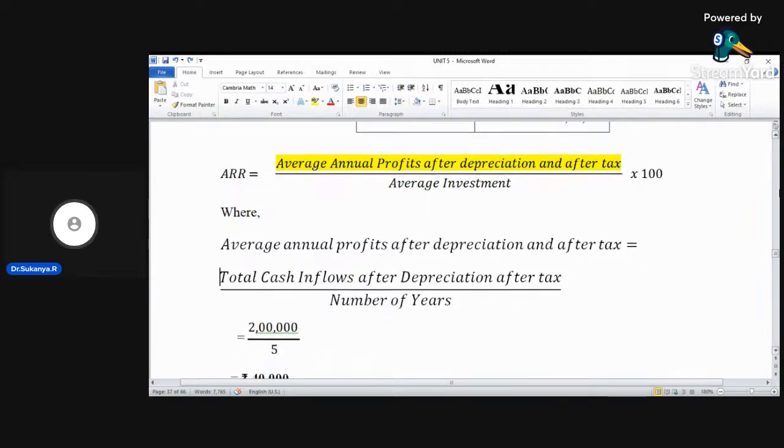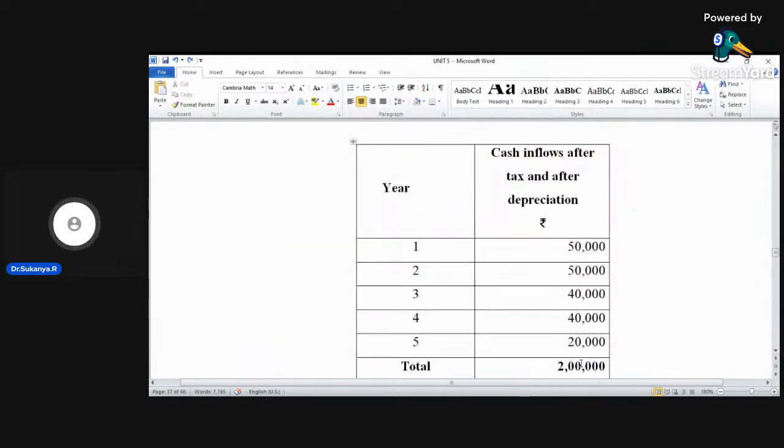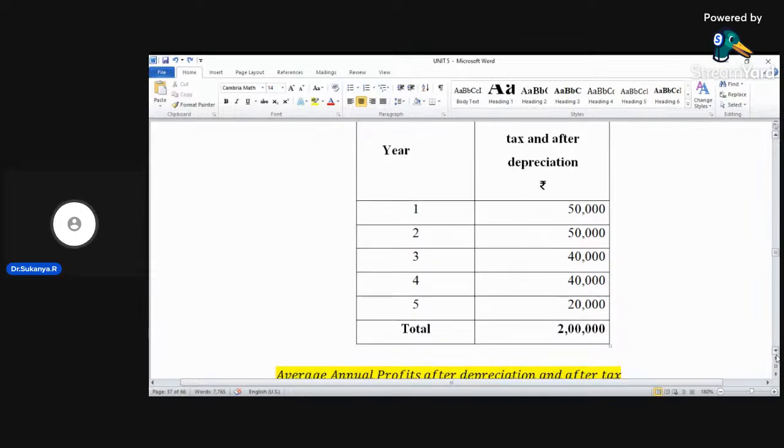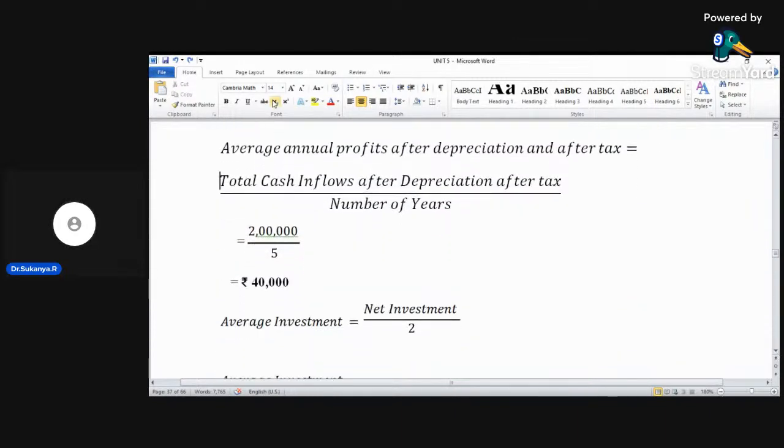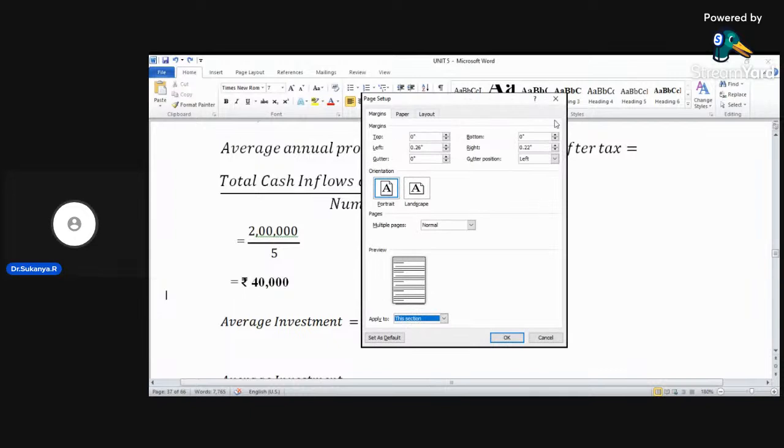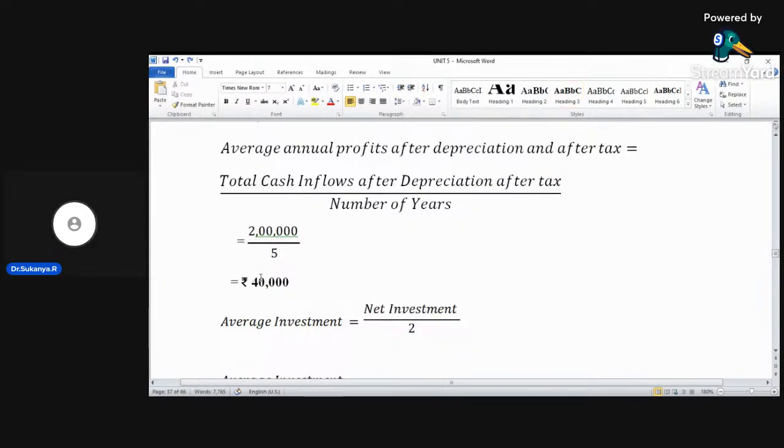See here, in total you got 2 lakh rupees, right? 2 lakh rupees divided by the number of years, that is 2 lakh divided by 5. 40,000 rupees is the average annual profit after depreciation and after tax.